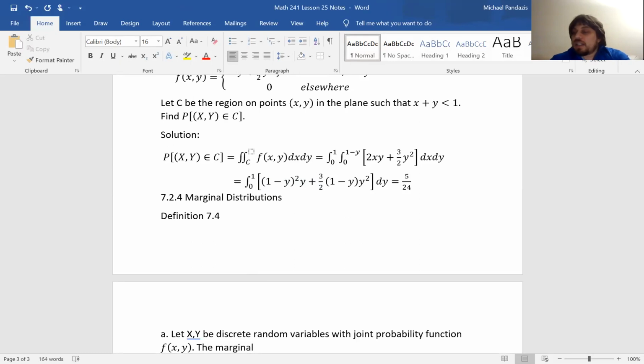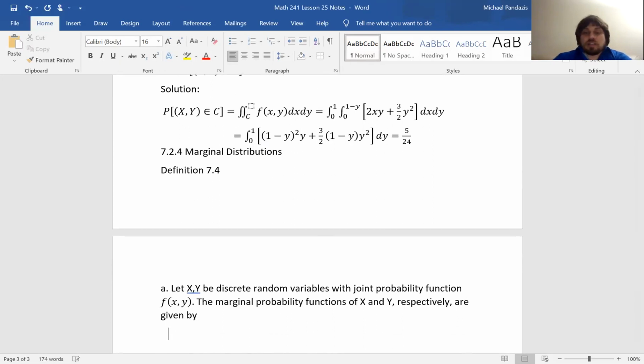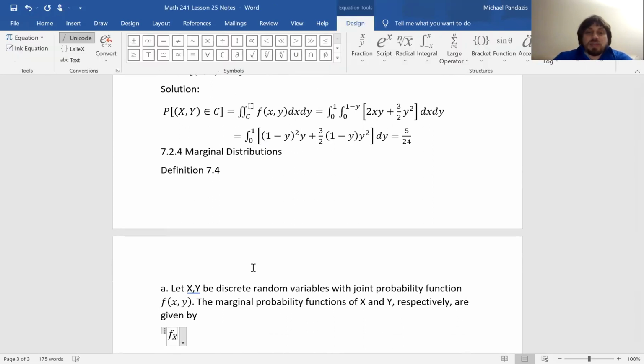The marginal probability functions of X and Y respectively are given by the following: f sub X of x is equal to the sum over all possible values of y of f of x comma y.